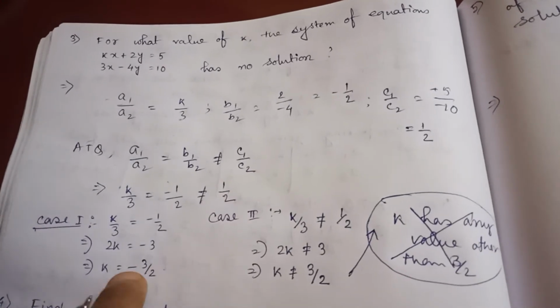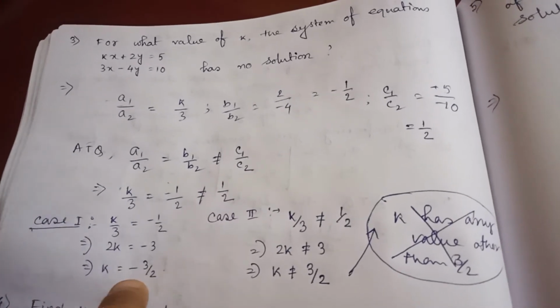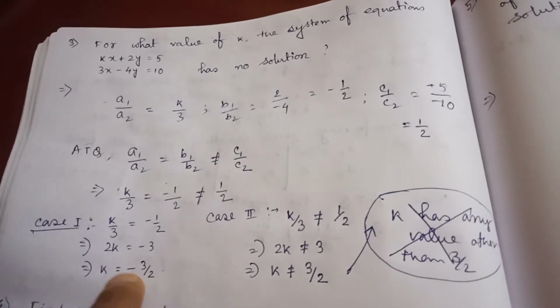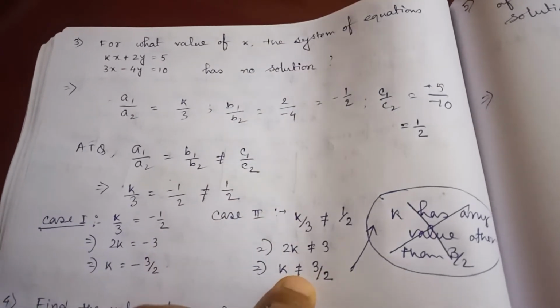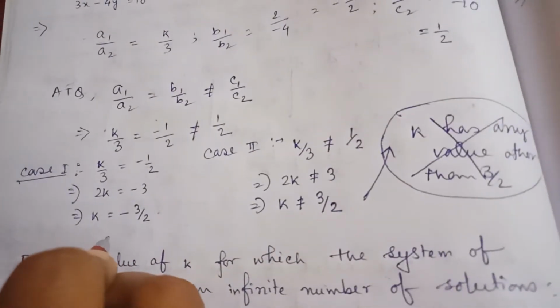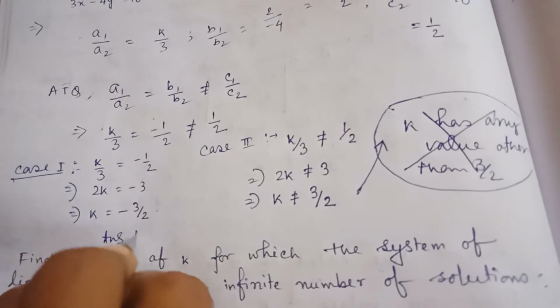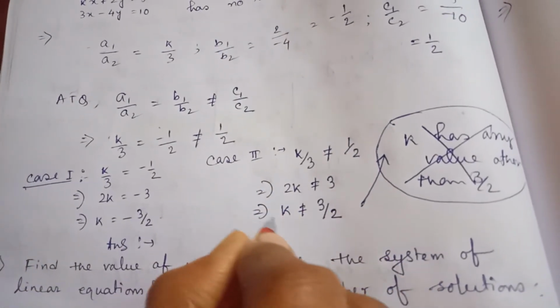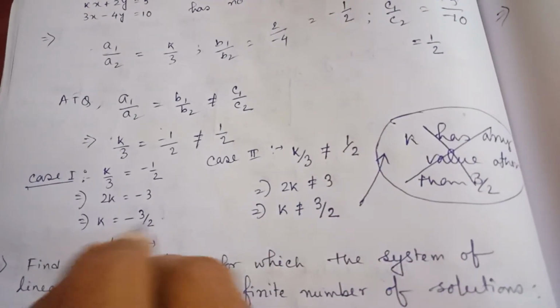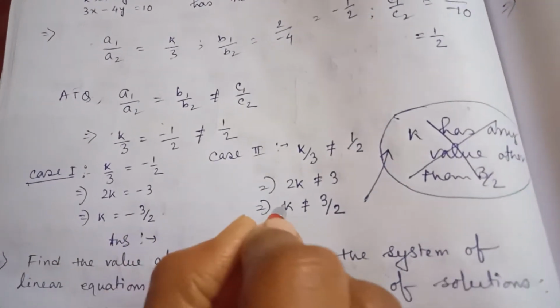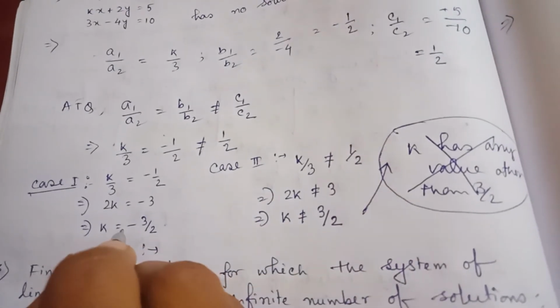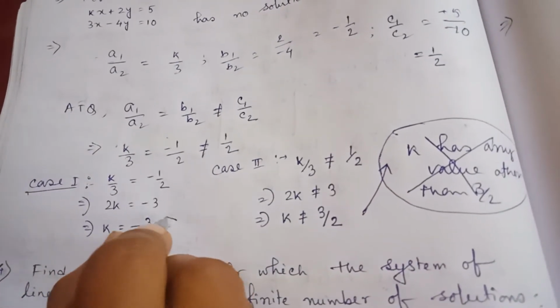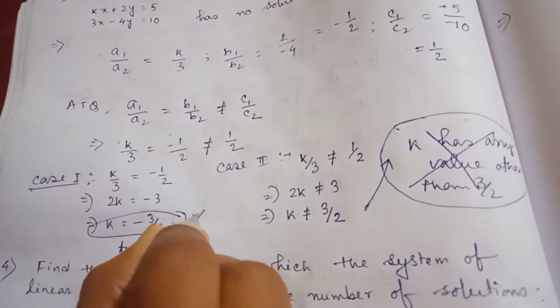So if we are choosing our answer for this one, this will be automatically valid. So our answer line will be the equal part always. We will not look at the not equal part. If we are getting two conditions like this, equal and not equal, we will be going for only equal part.